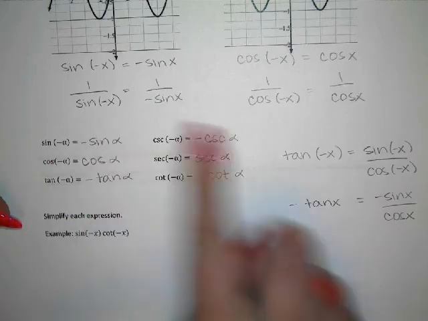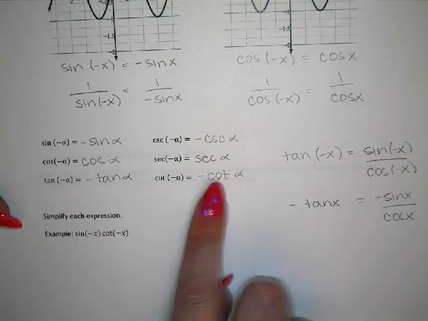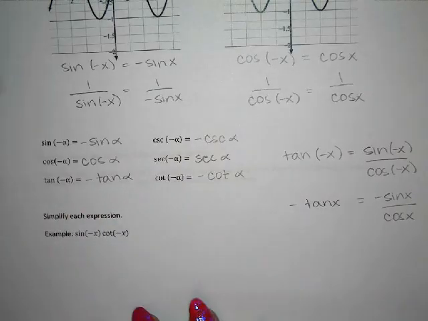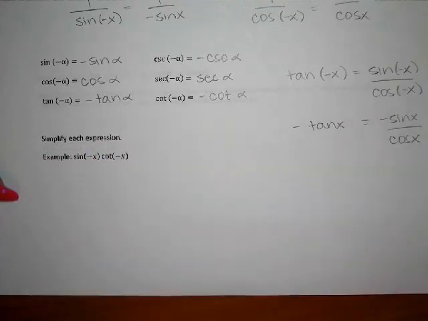It says, go ahead and simplify the expression. So we're going to do what we did before on those other expressions, where we make some trig substitutions. And then after we make the substitutions, we'll do whatever math is appropriate to get the problem as simplified as possible. So first we have sine of negative x.